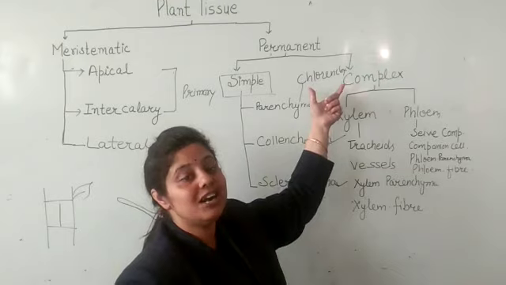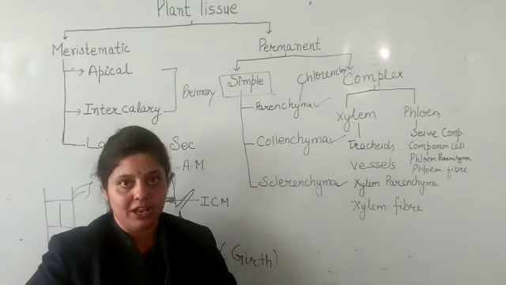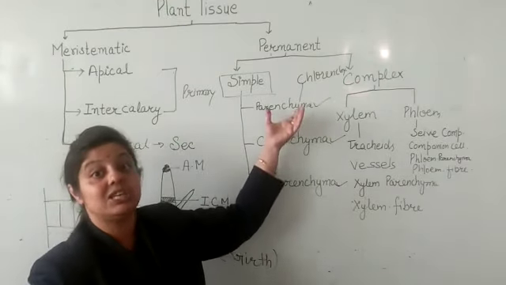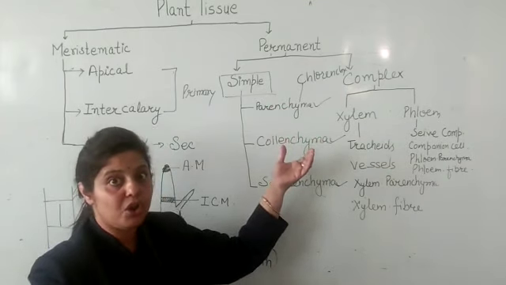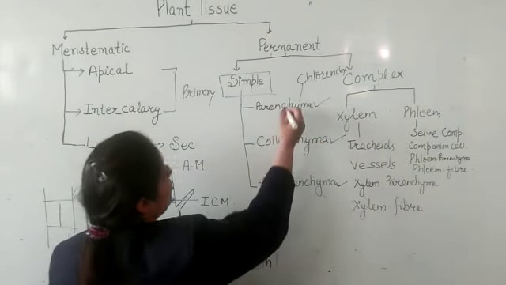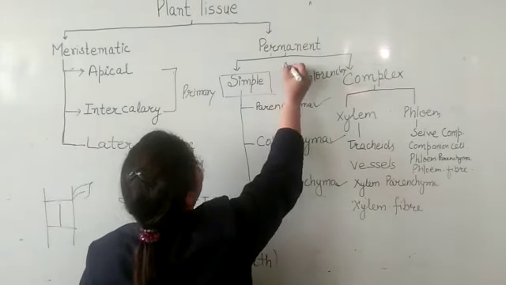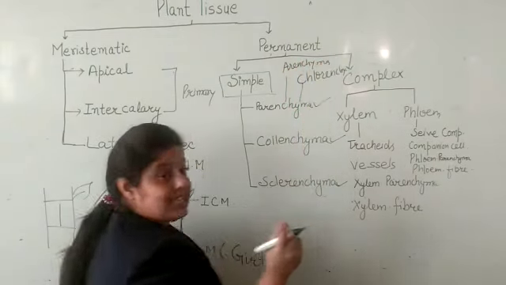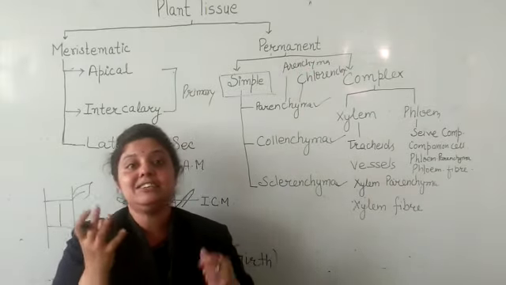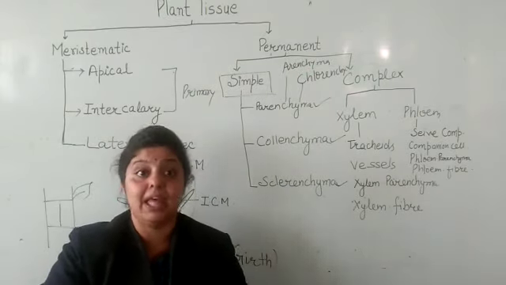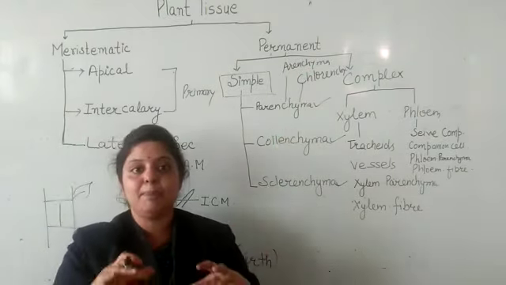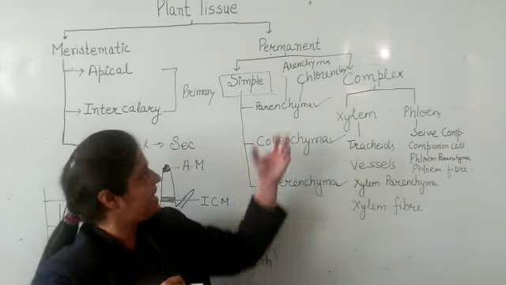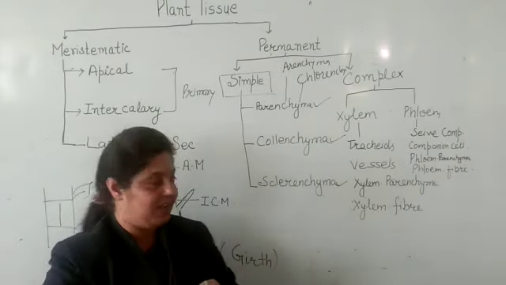Chloro is a word associated with chlorophyll. So the parenchymatous cells which contain chlorophyll are called chlorenchyma. And another type is also there, which is called aerenchyma. Aerenchymatous cells have bigger intercellular spaces in between them, and because of this they provide buoyancy to the plants, mainly present in aquatic plants.